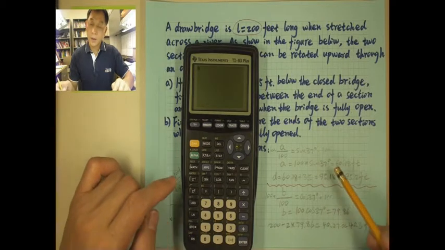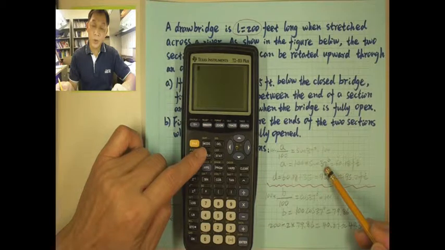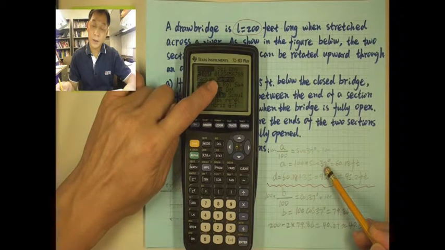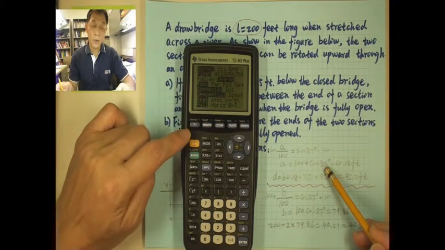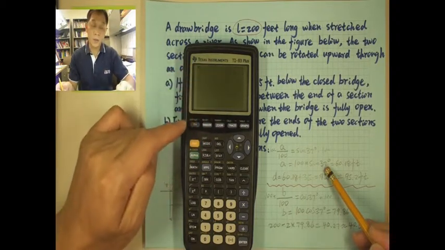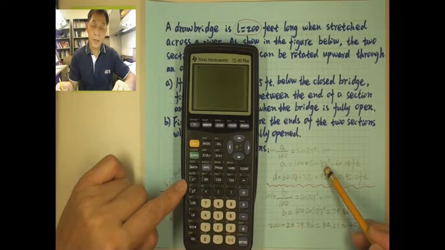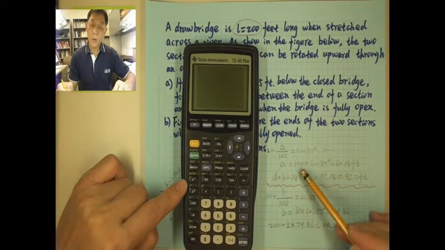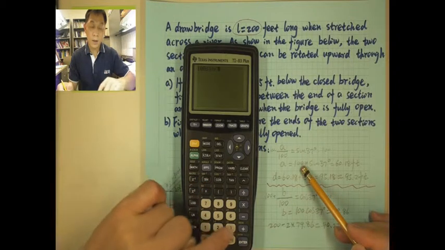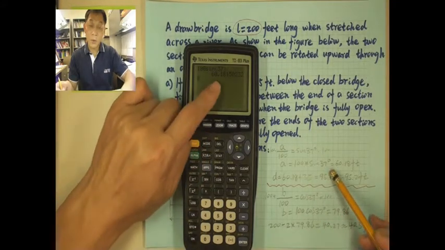Down here, 37 degrees, you want to make sure that your calculator is in the degree mode. You hit mode to see degrees highlighted. Okay, and then you press second quit. You have the blank screen. If the screen was not blank, you want to press clear. Now here is 100 times sine 37 degrees. You hit enter, you have 60.18.